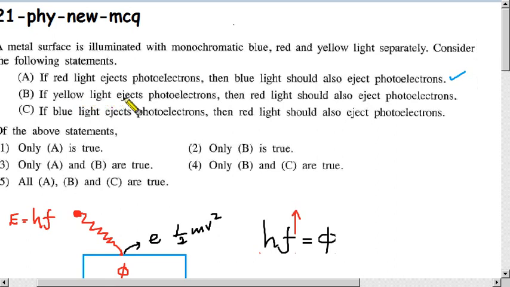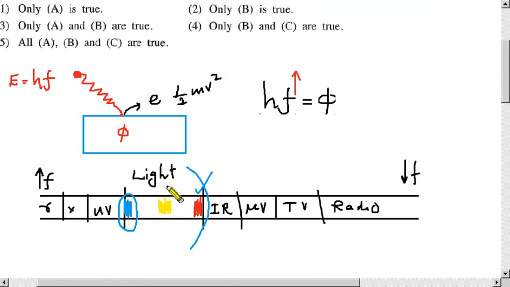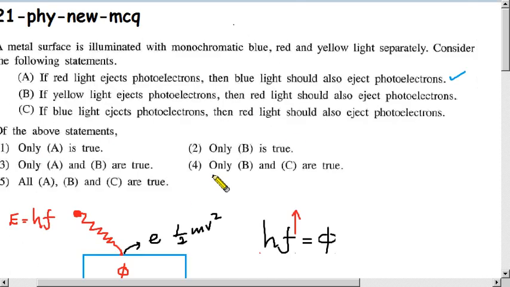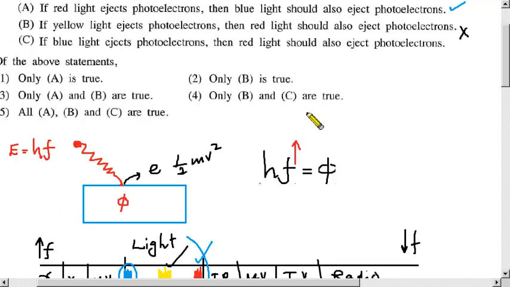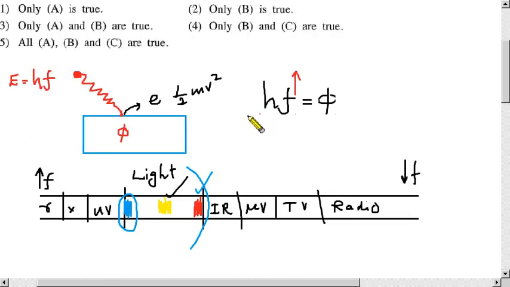Second one: if yellow light ejects photoelectrons, then red light should also. Red color may or may not eject photoelectrons, because we can't definitely say, but here they definitely say that, so that is wrong. We can't say definitely, because we don't know the properties of the metal.